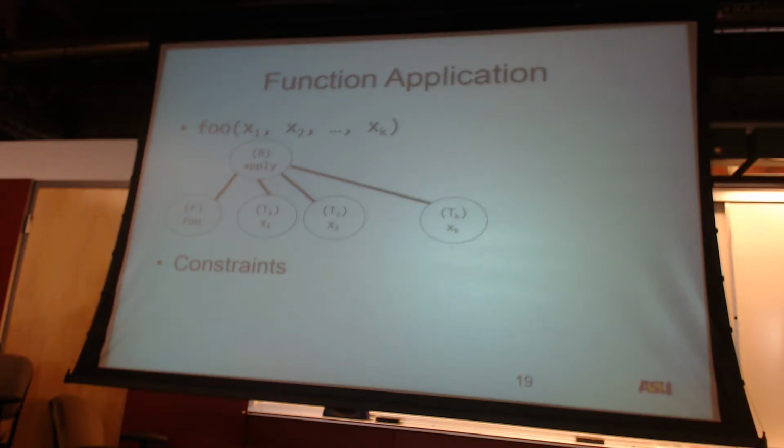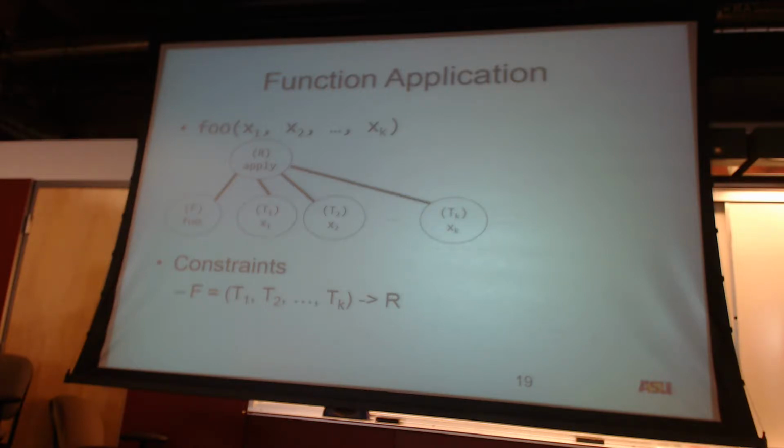Now we come to the constraints. The constraint is that f is a function of types t1, t2 up to tk, and it has a return value of r.